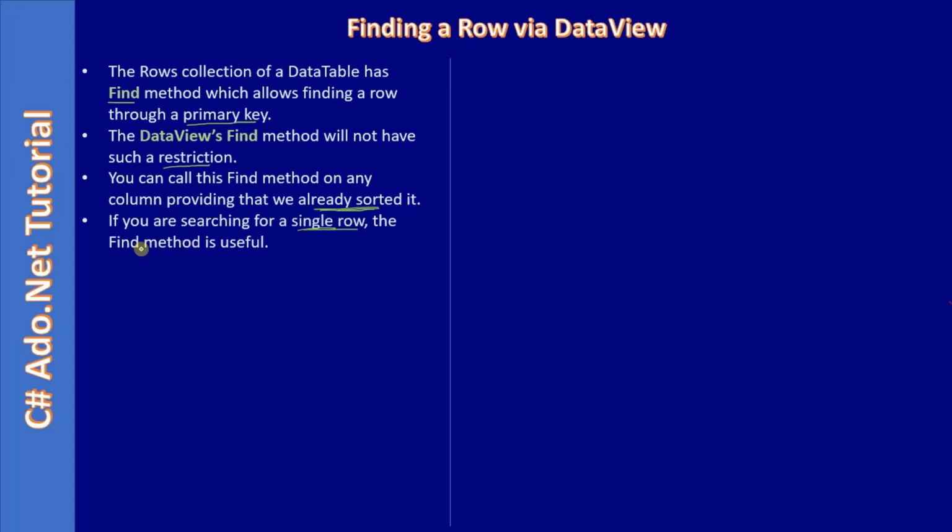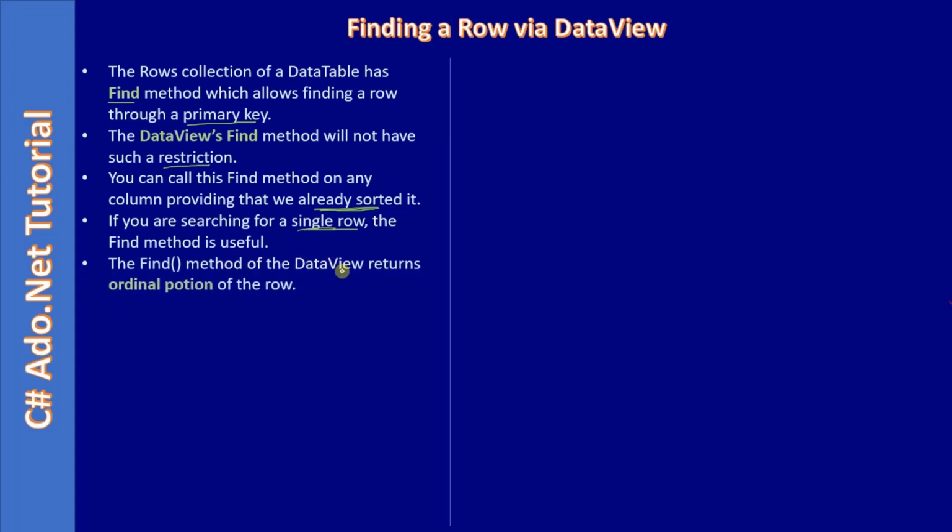That means the find method will return a single row, and if that's the case, you can apply this find method on a unique column or on a primary key column. So if you see that the data is unique on that specific column, then you can apply the find method of the DataView.